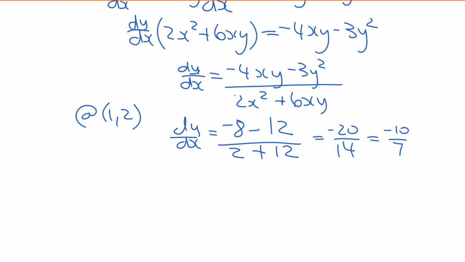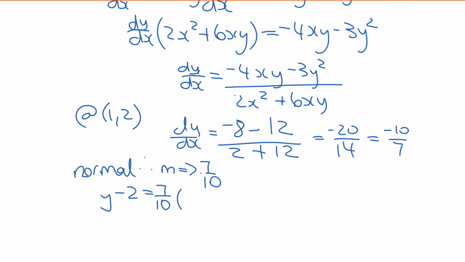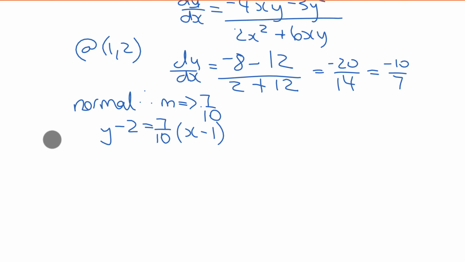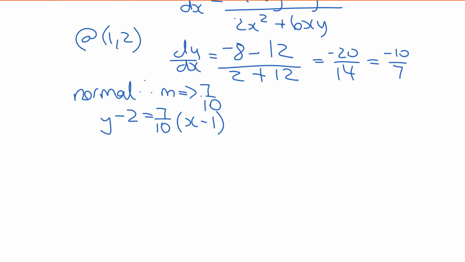Now, if that's dy by dx, what's the gradient of the normal? Inverse negative. The normal gradient is therefore 7 over 10. Then you put it back into y minus y1 equals the gradient times x minus x1, times everything by 10 because you don't like the fraction.